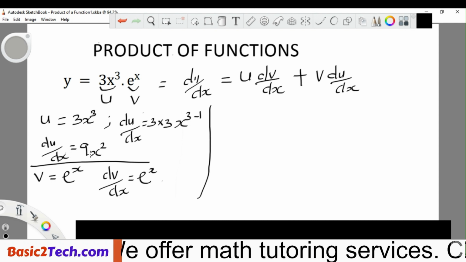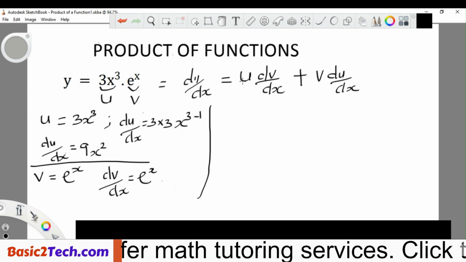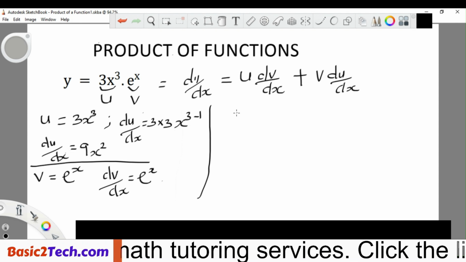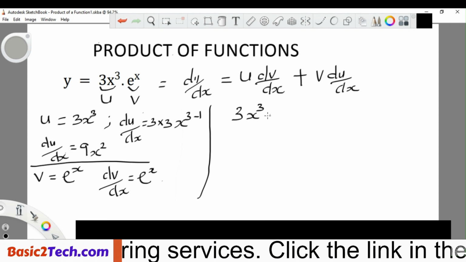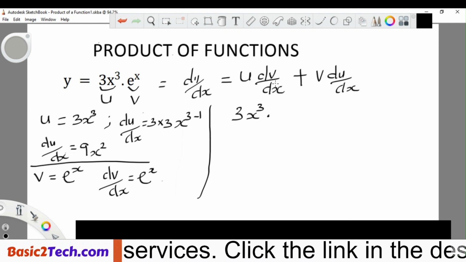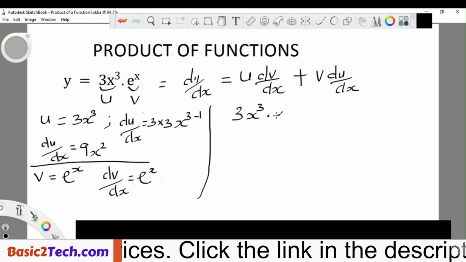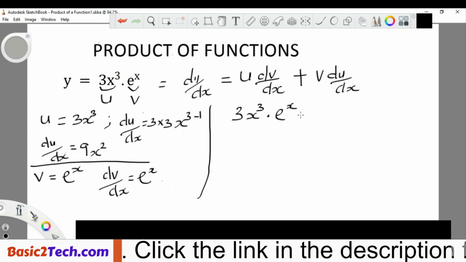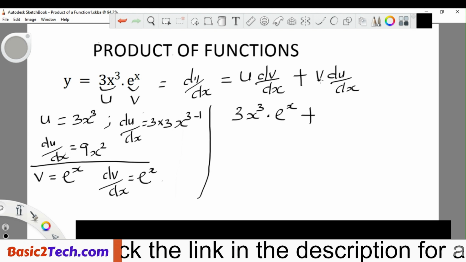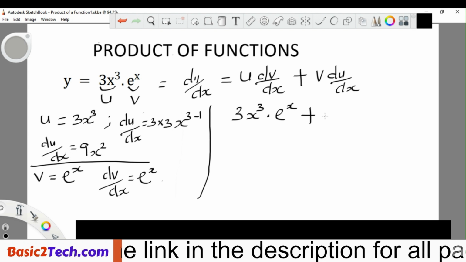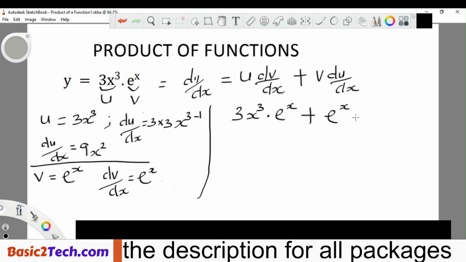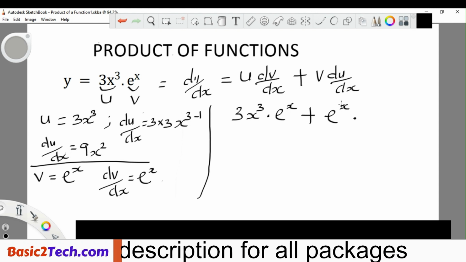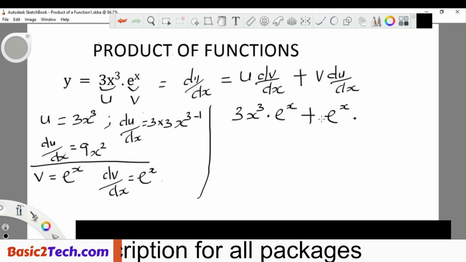So right now we substitute into the equation. So my u is 3x cubed times my dv/dx is exponential x, plus my v is exponential x multiplied by du/dx is 9x squared.